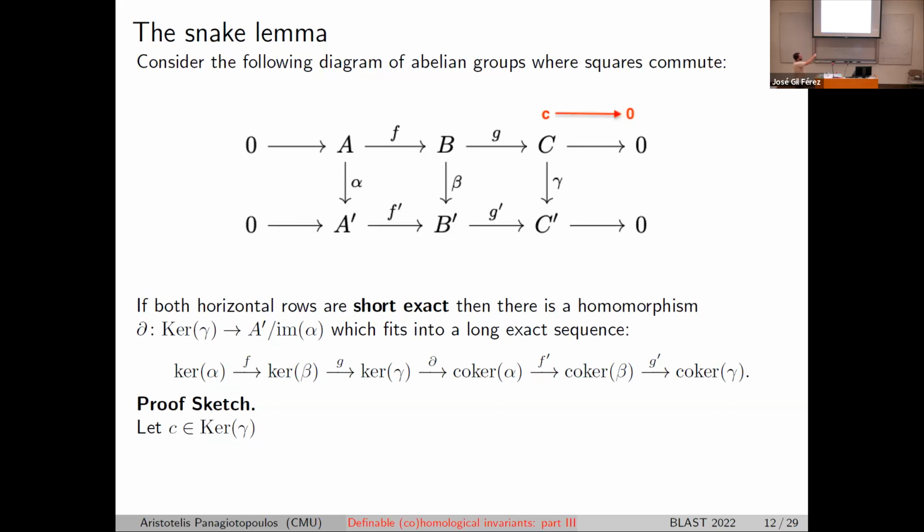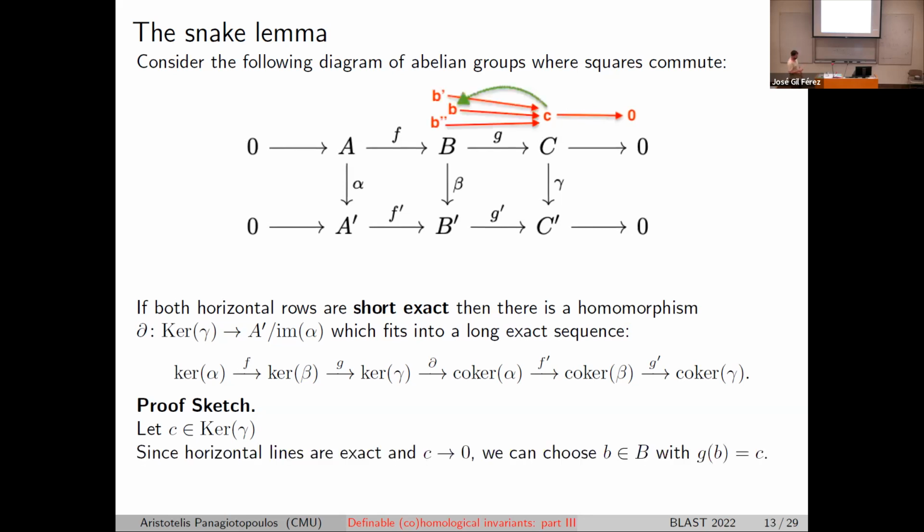But I'm placing that here just to remind you that whenever you have exactness, and the sequence above is exact, it means that everything that is in the kernel of this map is in the image of this map, which means that there's something here that will map to c. In fact, there may be many things that will map to c. I have to choose one.